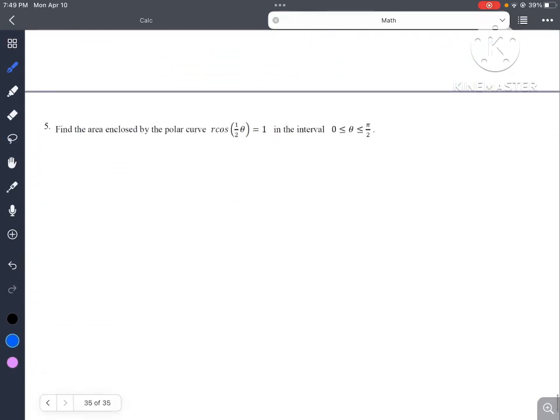Let's move on to another question. We want to find the area that is enclosed by this region in this interval. So if r cosine 1 over 2 theta is equal to 1, then we can express r as secant 1 over 2 theta.